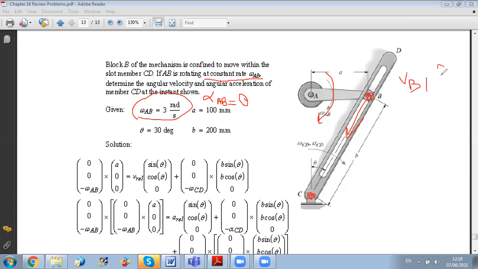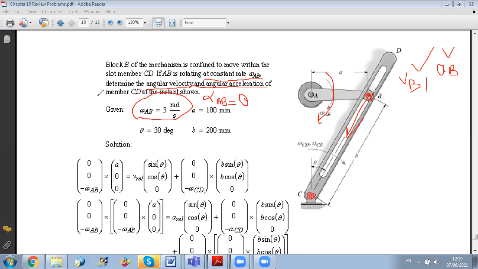The absolute velocity and the absolute acceleration of B can be calculated because B is a part of the rigid body A. And once I calculate VB and AB, then I can relate to C because they are asking me to find the angular velocity and angular acceleration of CD. So I will use the relative motion of B with respect to the rotating rod in order to determine the angular velocity and the angular acceleration of the rod.